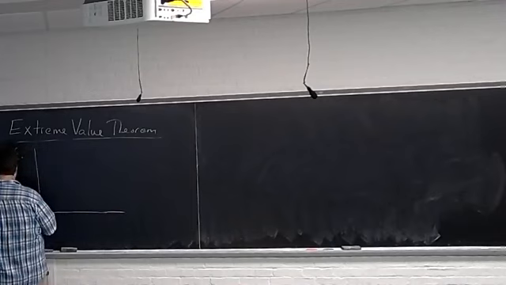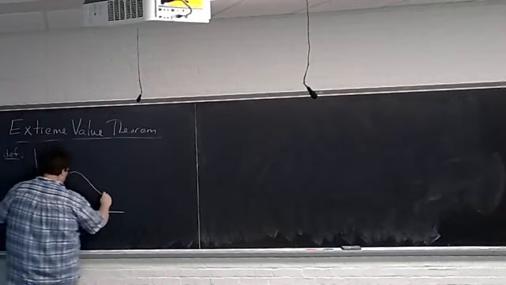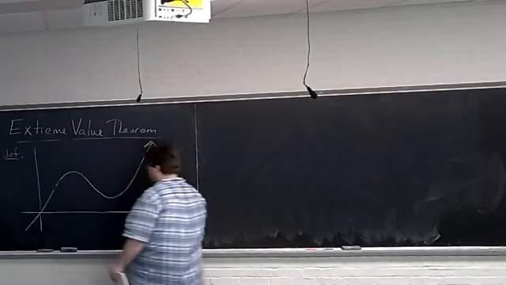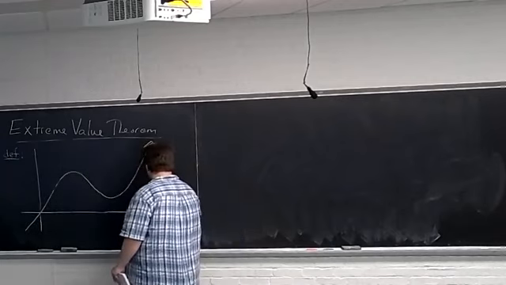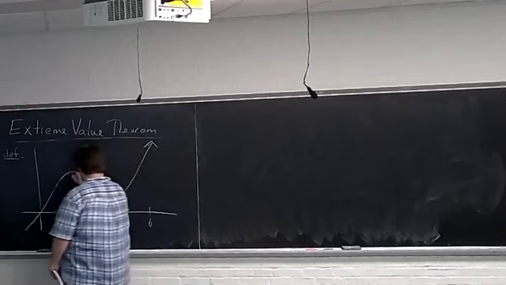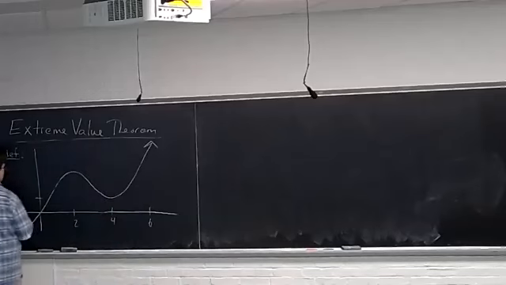Let's make the graph look like this. Okay, let's mark off some points. Here's 6, here's 4, here's 2, there's 0. Let's say this is at 1. Let's say this is at 3.